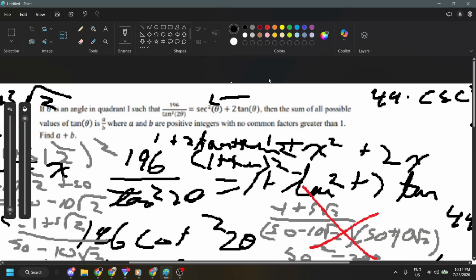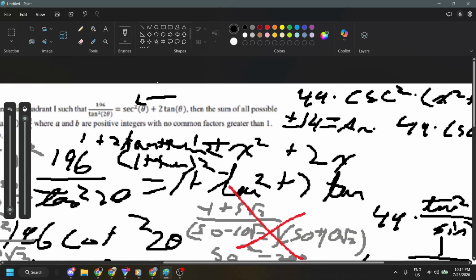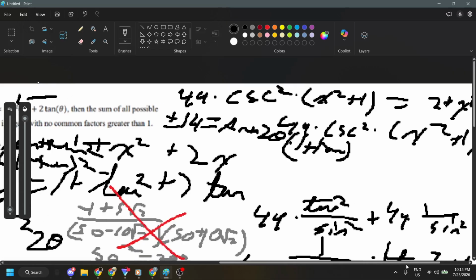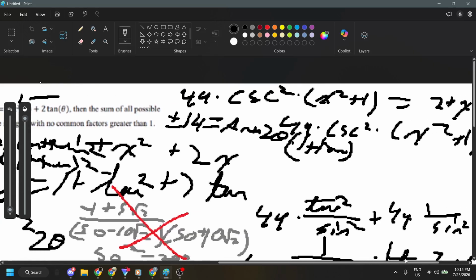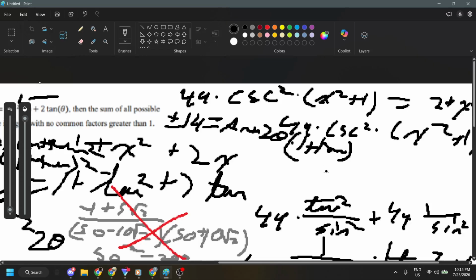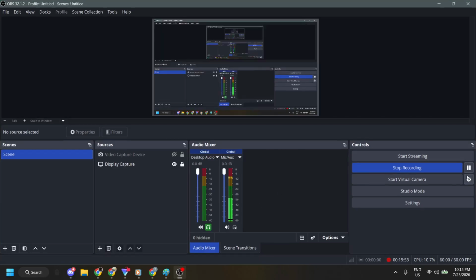Then they multiplied by this, then they took the square root, so they said plus or minus 14 is equal to tangent of 2 theta times 1 plus tangent of theta. They did something, I don't know. They're like tangent isn't equal to negative 1, so they divided that out somehow, which I didn't know you could do, but yeah, cool. I didn't get it right.